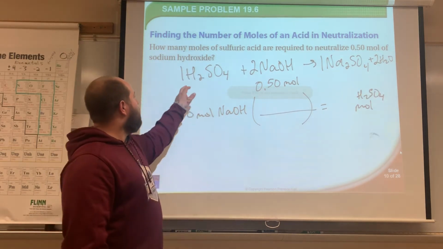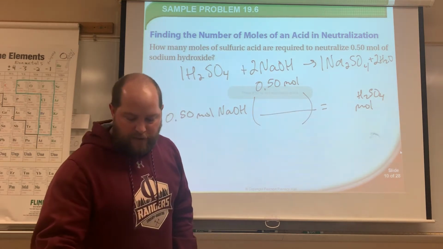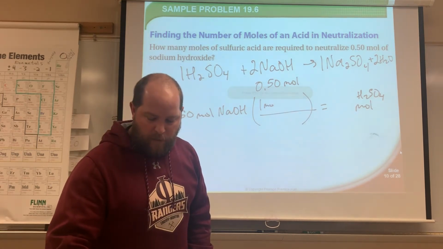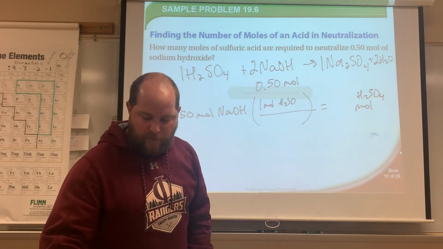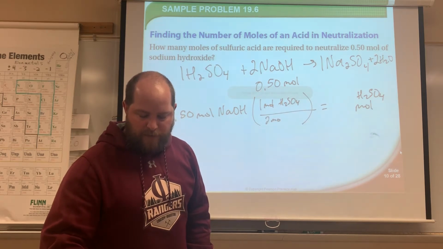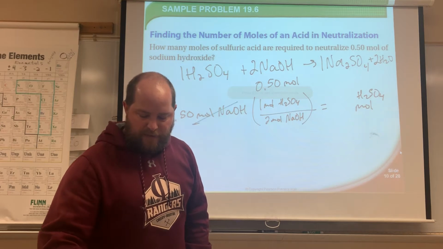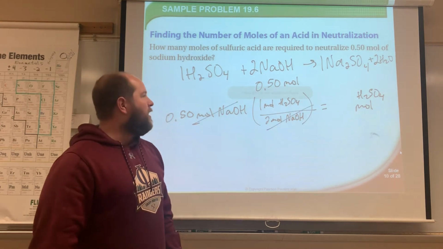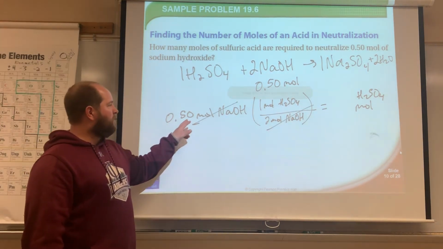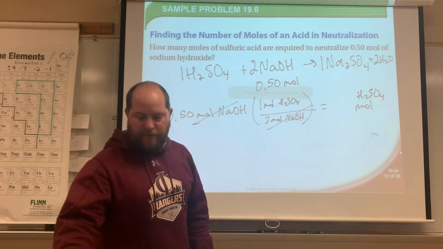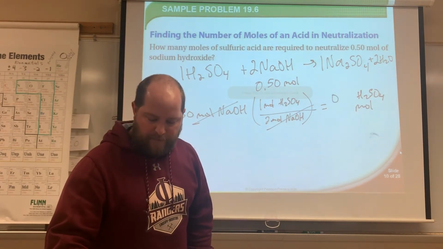It's a 1-to-2 ratio, so it's 1 mole of H2SO4 to 2 moles of sodium hydroxide. You'll see these cancel, and it's essentially just 0.5 divided by 2, which gives us 0.25.